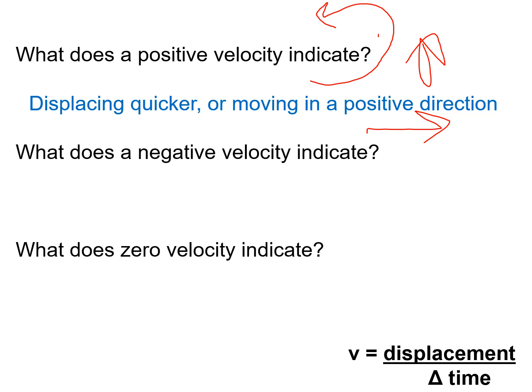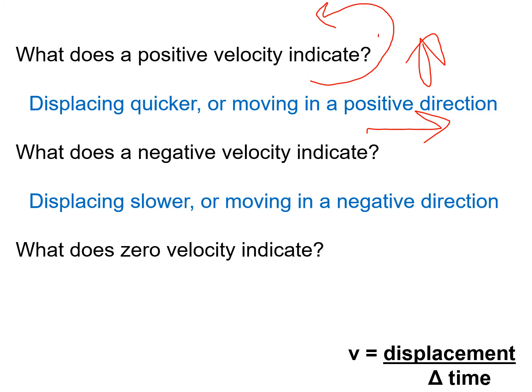So our negative velocity is basically we're displacing slower or moving in a negative direction. Usually that's to the left or down. If we're looking at rotational, we're looking at movement in a clockwise motion. And once again, it's something we just agreed on.